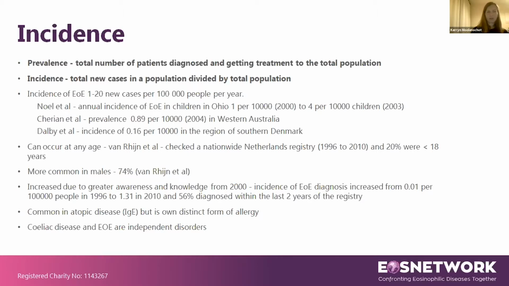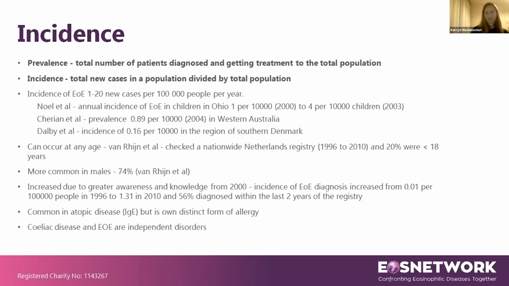And just around the world in terms of incidence and prevalence. In Iowa, there's an increasing incidence that they found, which might be due to more awareness of EoE. It's gone up from 1 per 10,000 in the year 2000 to 4 per 10,000 children in 2003.